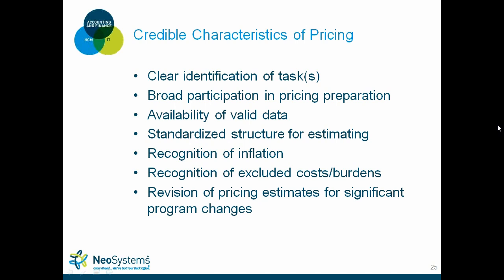And recognize excluded costs and burdens. Don't include alcoholic beverages in your overhead costs, for instance. And revision of pricing estimates for significant program changes. So if an RFP comes up with an amendment and you've already basically completed your pricing, revise your pricing so that it gives you the best advantage as a company when it comes to the selection.